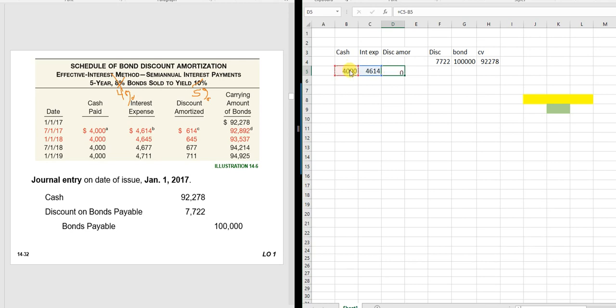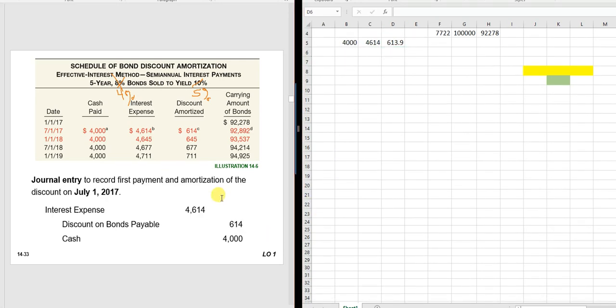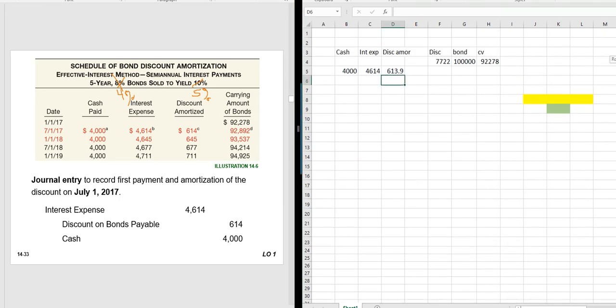If I look at my next journal entry, I'm going to debit interest expense, credit cash. The difference between this one and last one is that I knew my cash was always the $4,000. And what I told you before is that you plugged in the discount, which was under the straight line method.